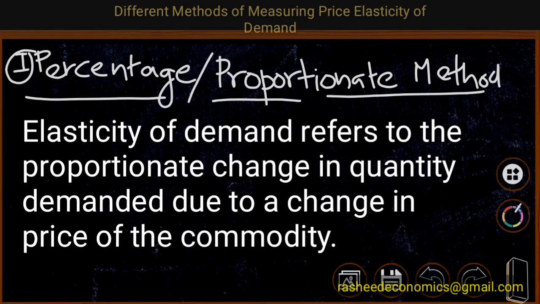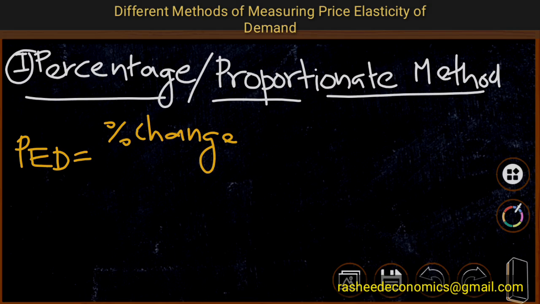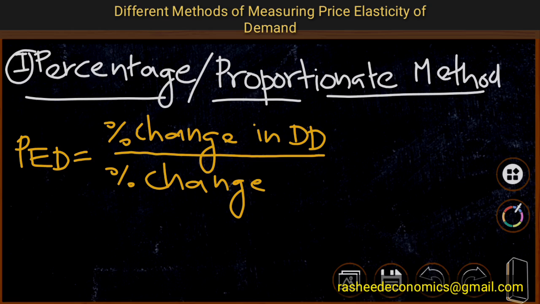Therefore, to identify the quotient of elasticity of demand, we can use the formula: price elasticity of demand is equal to percentage change in demand divided by percentage change in price.